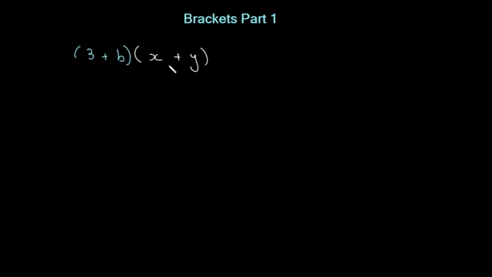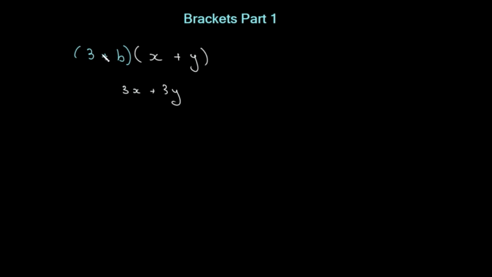Everything inside the right hand bracket is multiplied by everything inside the left hand bracket. Okay, so we've got 3 times that, 3 times that. Everything in there is multiplied by 3. We take it one step at a time. So we end up with 3x put with 3y. Each of those is multiplied by the 3.